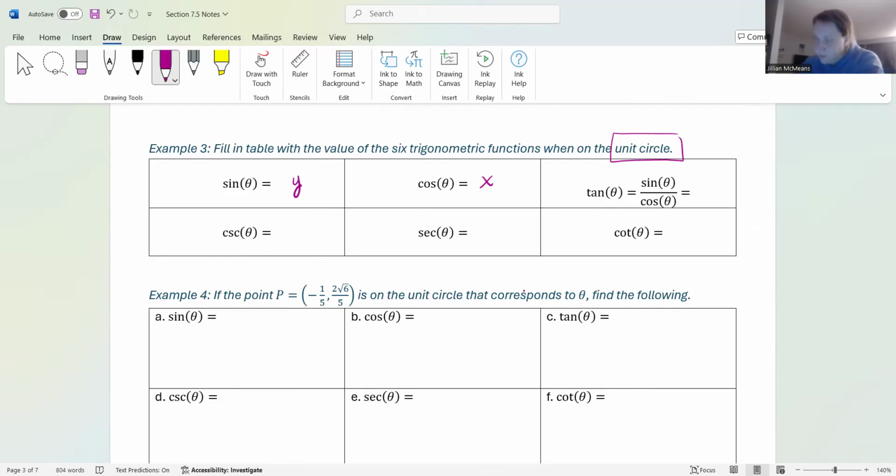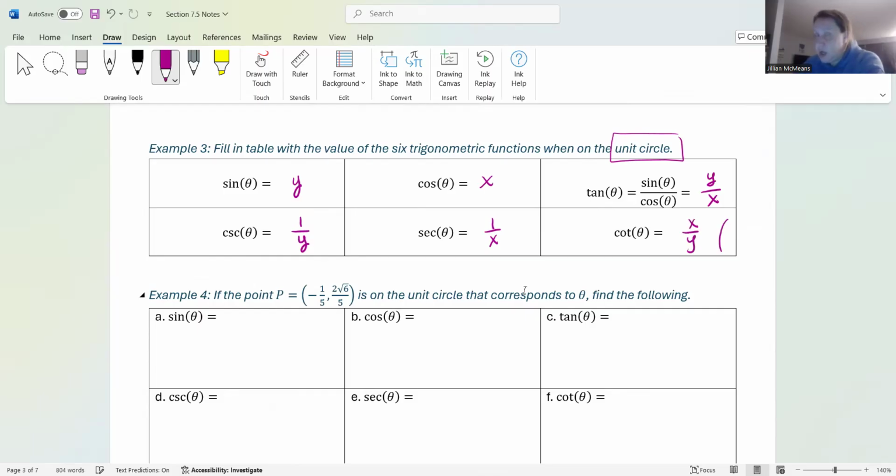So that tells me that tangent is y over x. Now, cosecant is the reciprocal of sine, so cosecant would be 1 over y. Secant is the reciprocal of cosine, so it would be 1 over x. And then cotangent is the reciprocal of tangent, making it x over y.